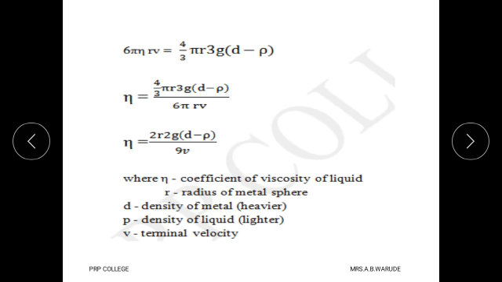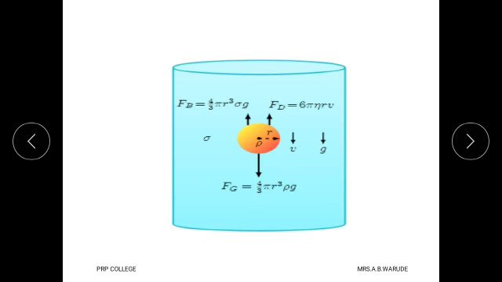Then the last formula is, we get eta equals 2r square into g in bracket D minus rho upon 9V, where eta is called the coefficient of viscosity of liquid, r is the radius of the metal sphere, D is the density of metal, rho is the density of liquid, and V is the terminal velocity. This formula is called the coefficient of viscosity by Stokes method.